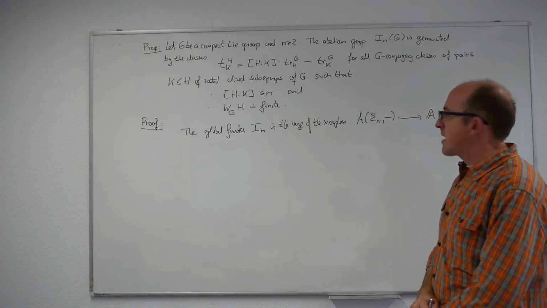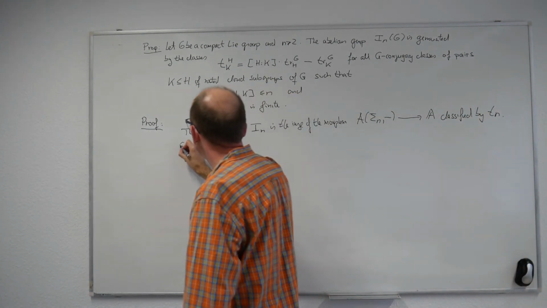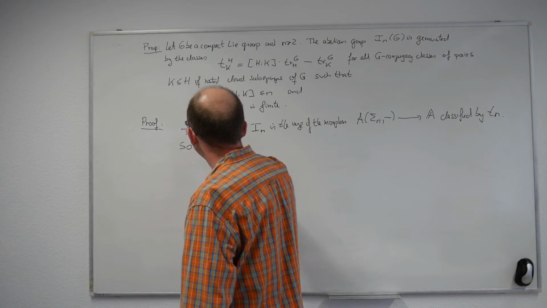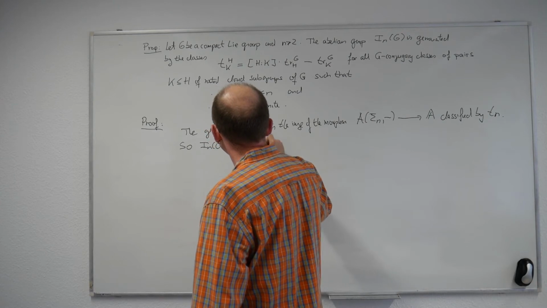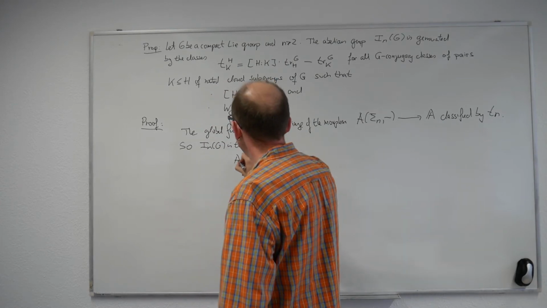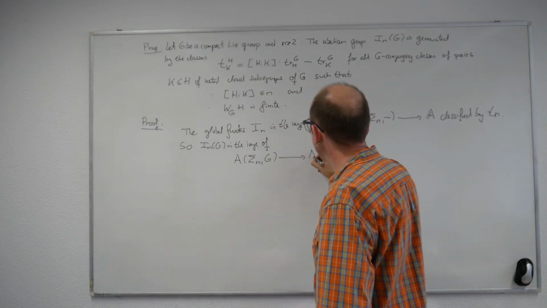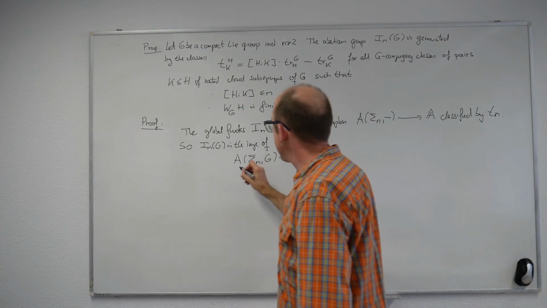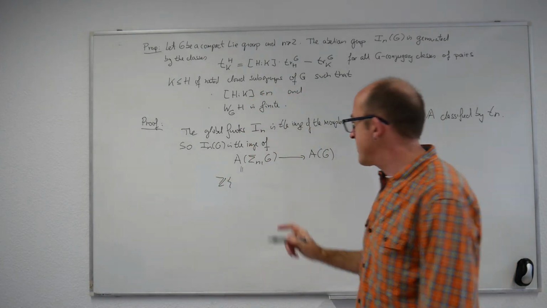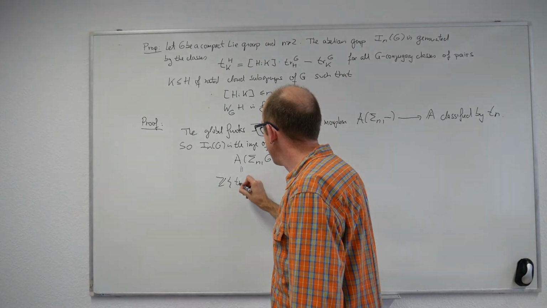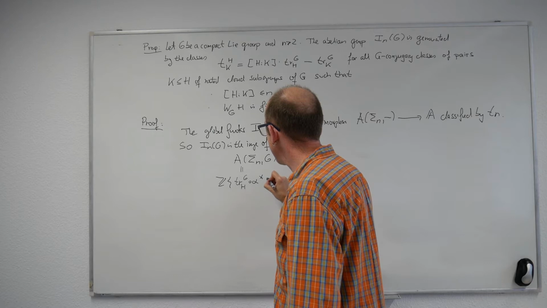Now we're going to substitute this compact Lie group G here and here. So In of G is the image of the map from A sigma n of G to A of G. And this, we calculated, is a free abelian group generated by classes of the form transfer from H to G composed with alpha upper star.